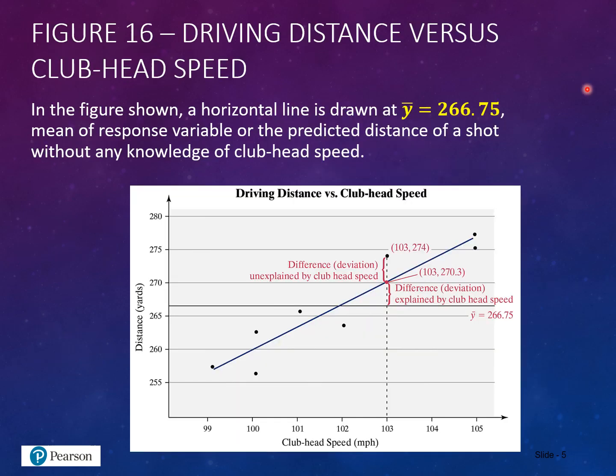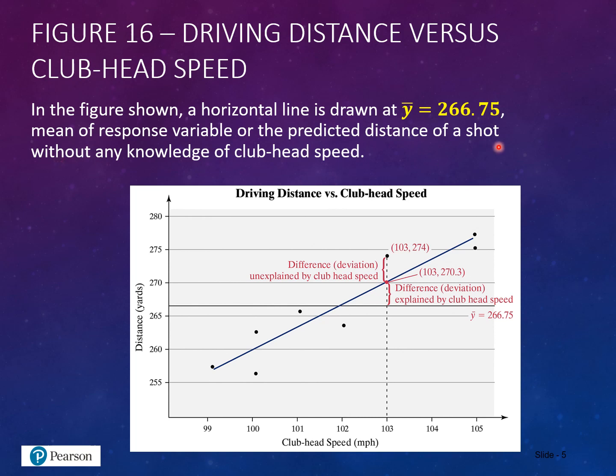In the figure shown, a horizontal line is drawn at y equals 266.75, and you can see this is the average value of the response variable, or the mean of the response variable. Or we can think of this as the predicted distance of a shot without any knowledge of the club head speed.